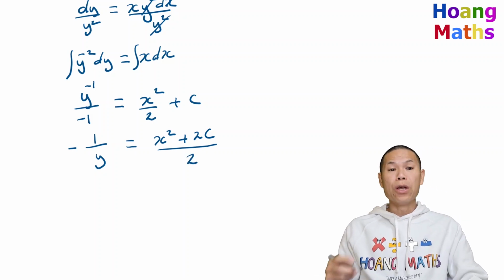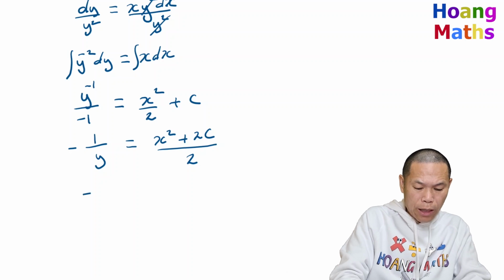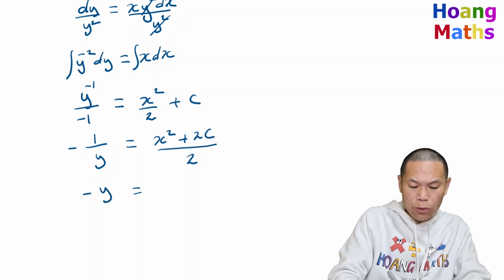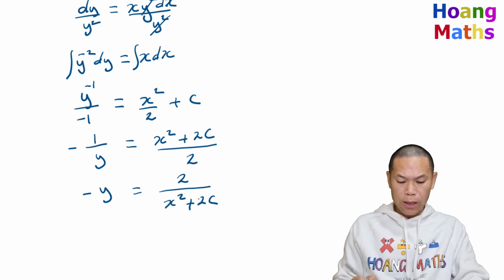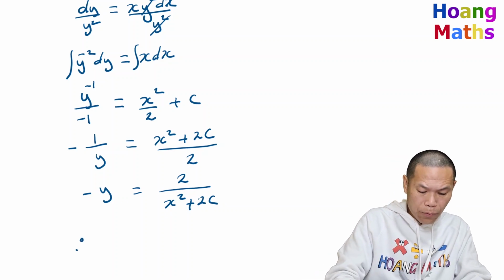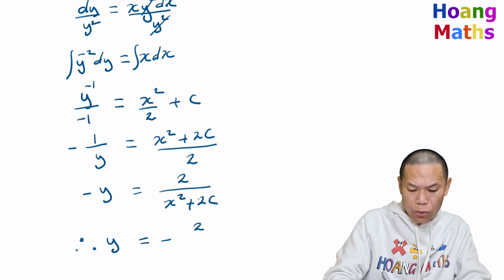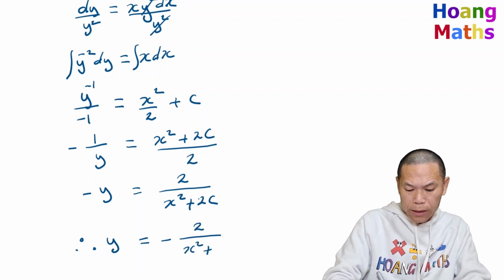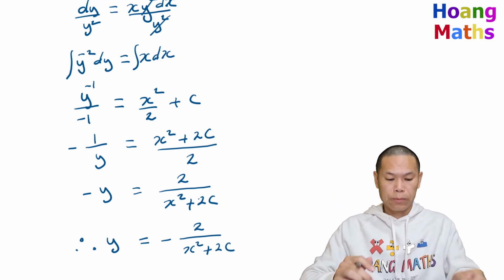So now I just flip both sides, so that becomes -y is equal to 2 over x squared plus 2c. Now I just divide by negative. Therefore, y is -2 over x squared plus 2c. So there you go.